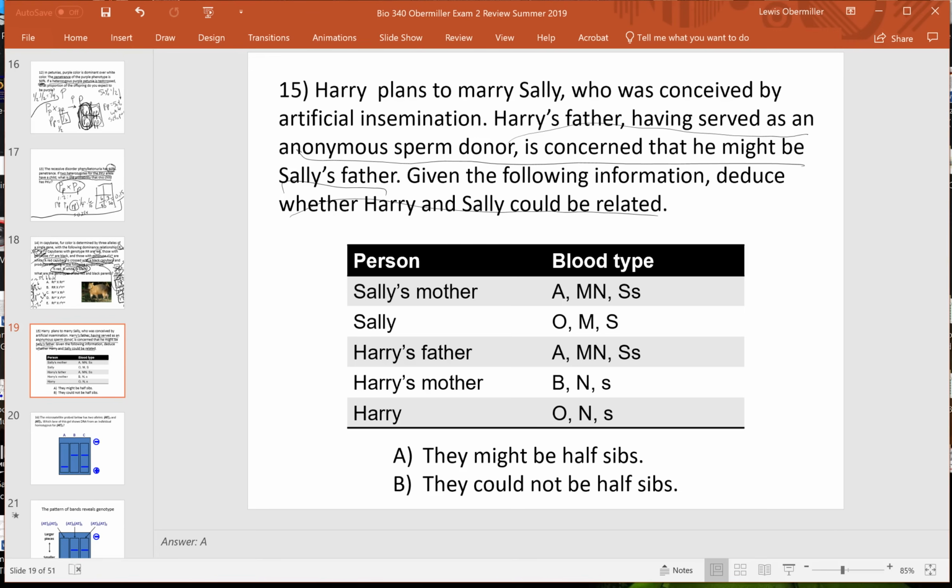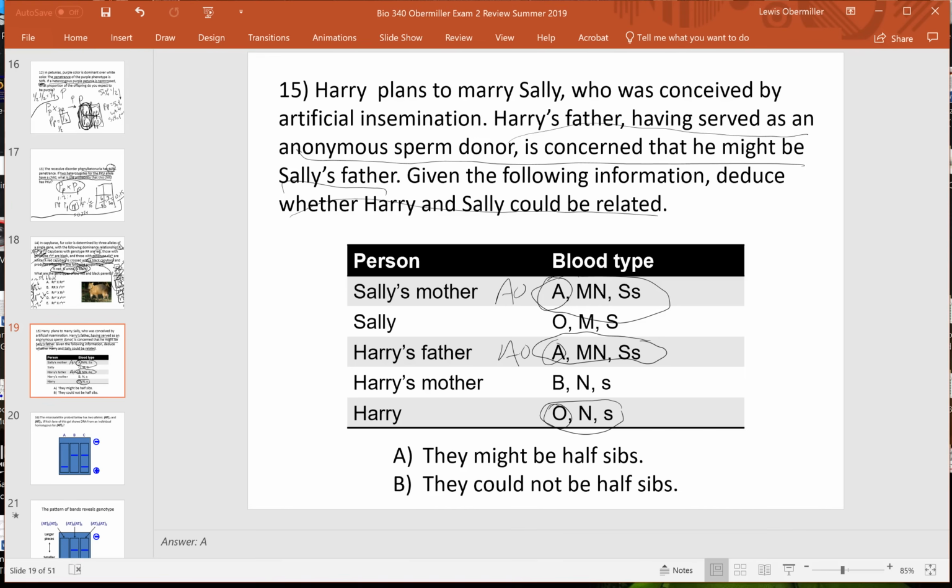Okay, so we know Harry's mother has to give this. This is Harry. You can just make sure that Harry's father's what he says he is. In order for Harry to be O here, that we know these two. If that's really his father, these both have to be AO. Right?